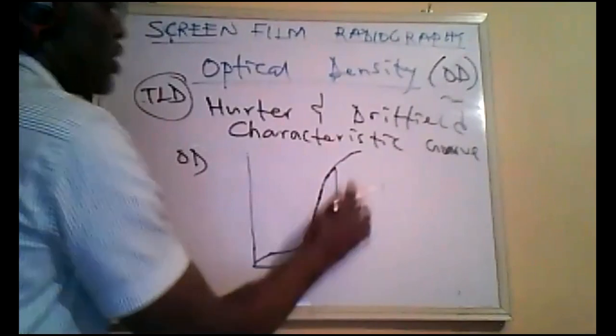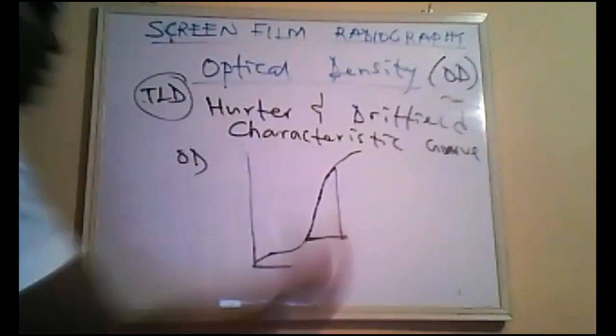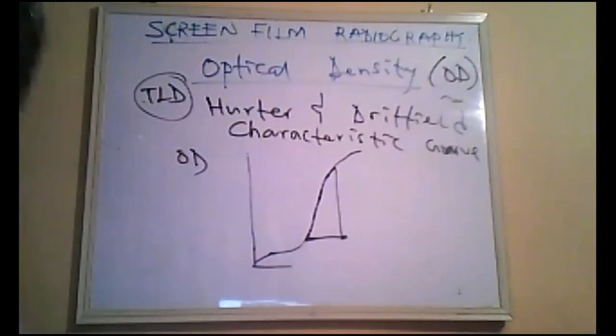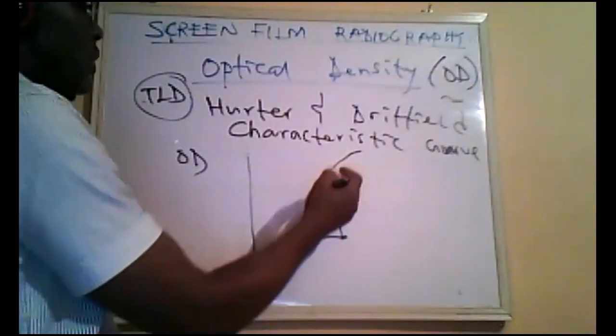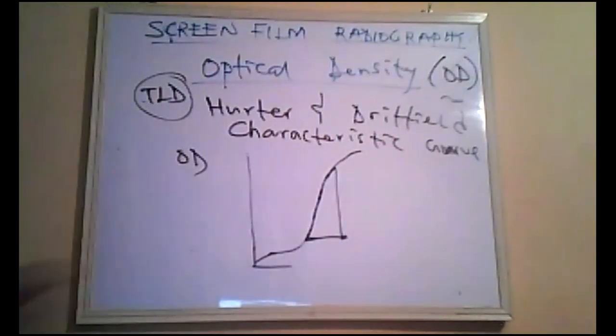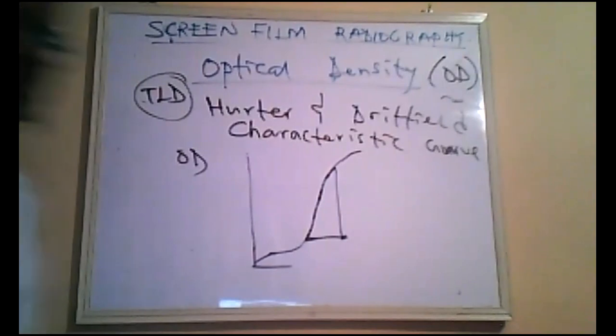Slope is the change in the y-axis, the optical density axis, over the change in the exposure axis. That gives us the gradient. So the gradient of this curve tells us about the contrast. For a gradient that is steep, you are going to have a very good contrast.